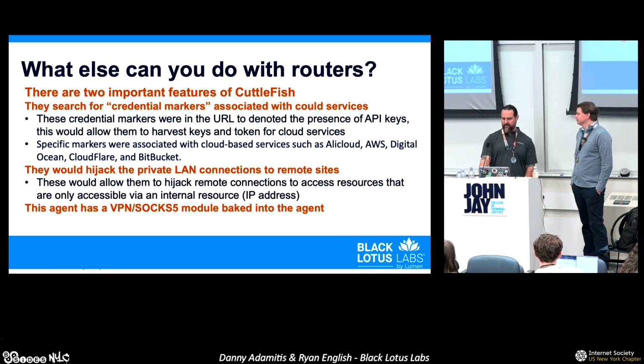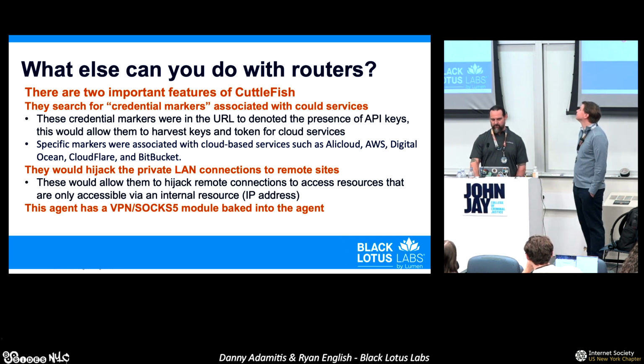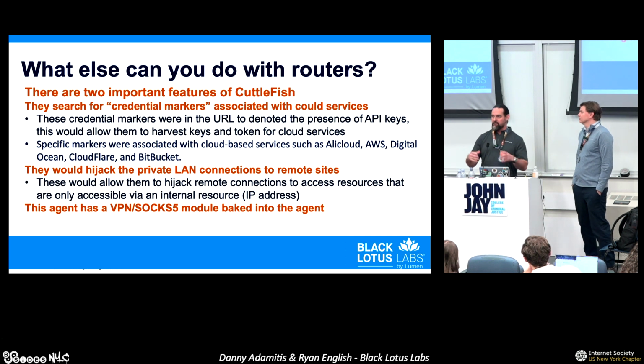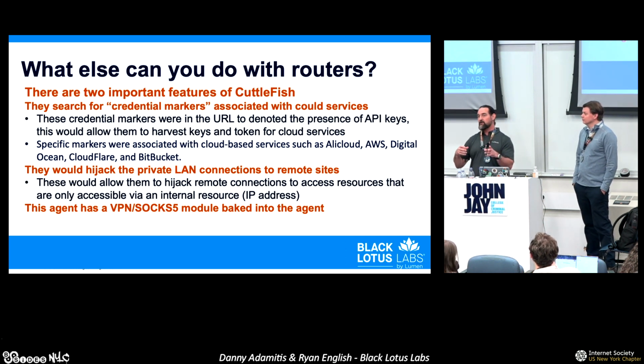So we felt the level of camouflage that this actor did rated a beautiful graphic, which we did work on. The funny thing about what this actor did was they were looking for credentials in a URL to show the presence of API keys. And then once they had those, they were harvesting tokens and keys for cloud services.